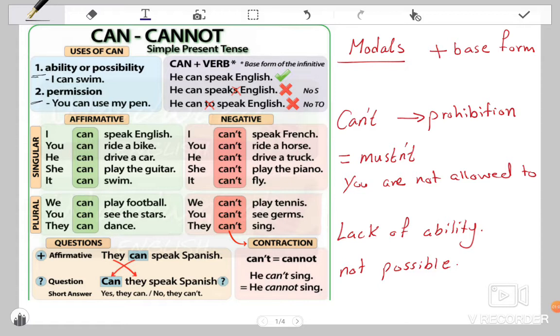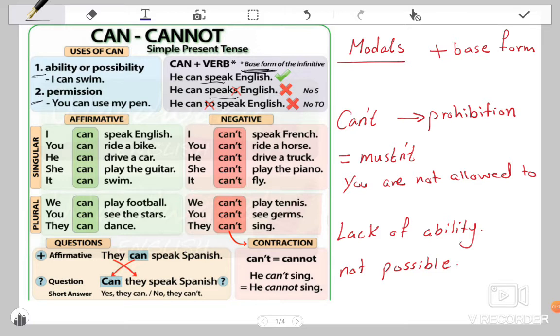Good. Now, when we talk about can, it's not the main verb. It is a helping verb. So we need what? We need the main verb after can or can't, which is a base form verb. Okay. So we need it to be base form. So you can say he can speak, but you cannot say he can speaks.